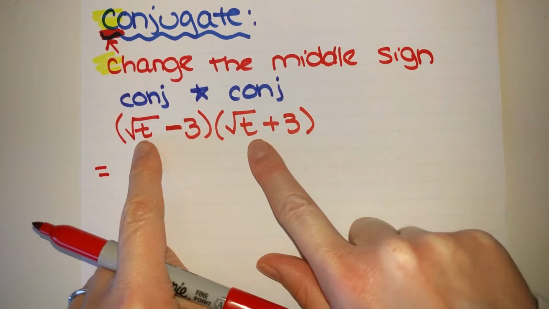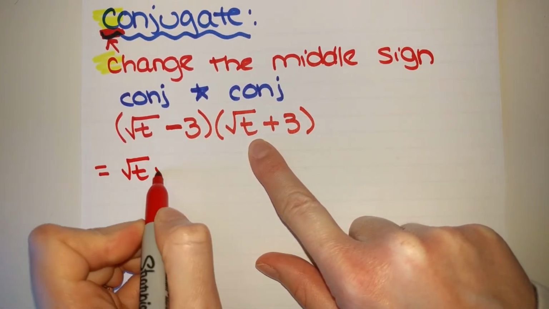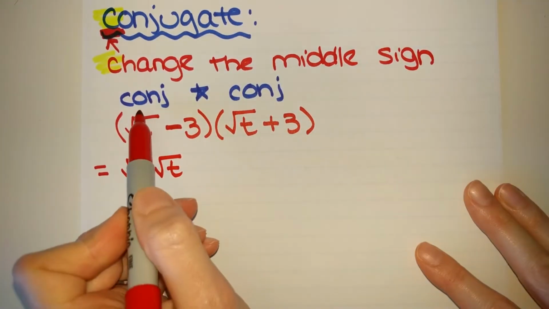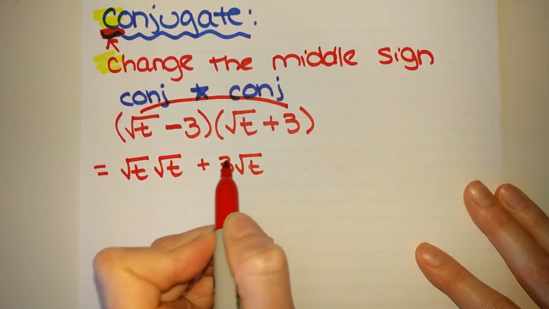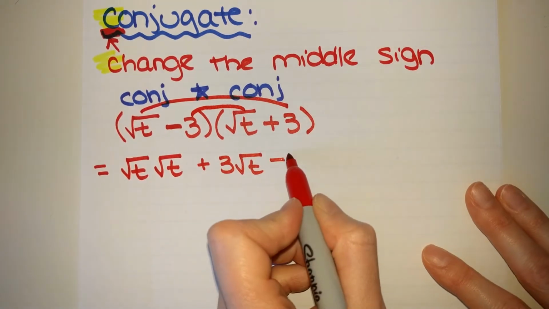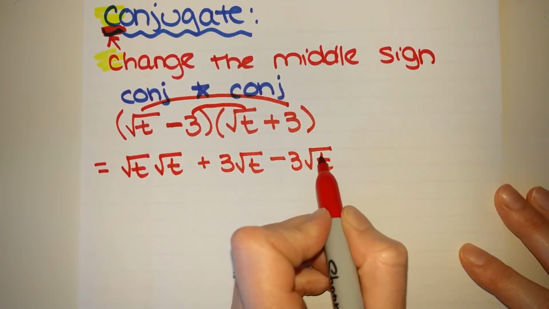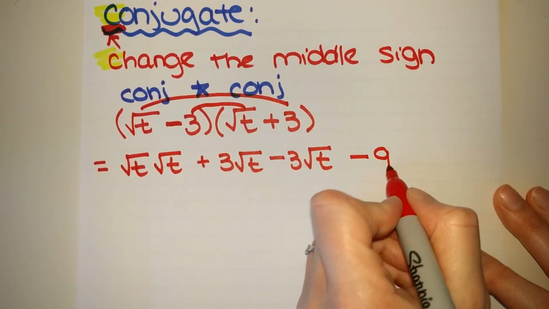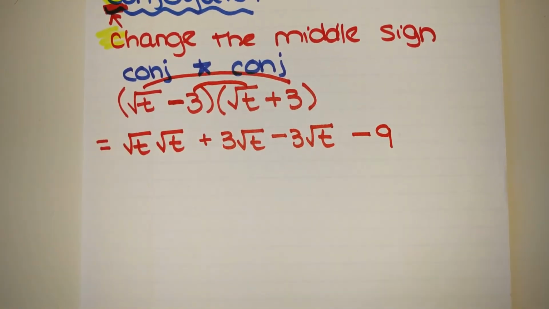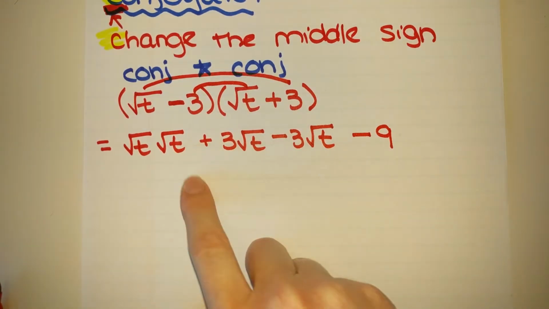When I take the square root of t times the square root of t, I'll just have 2 of those. Okay, the outer one, we will have a plus 3 square root of t. Inner will be minus 3 square root of t. And the last two, negative 3 times positive 3, will give us negative 9. Now, in simplifying this, we first got to deal with the square root of t times the square root of t.